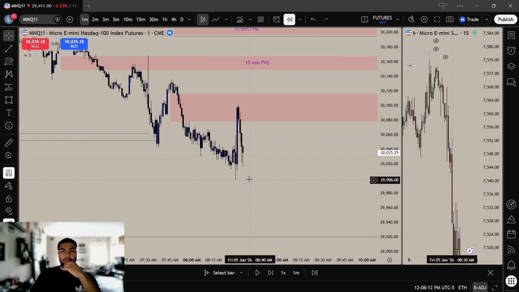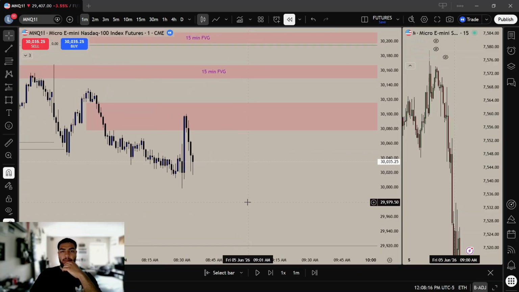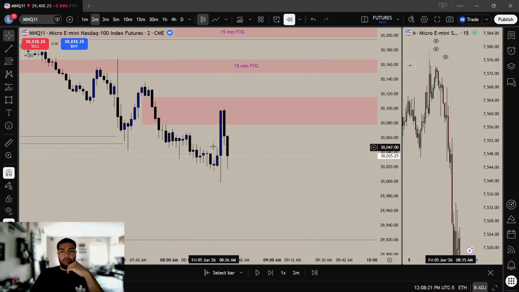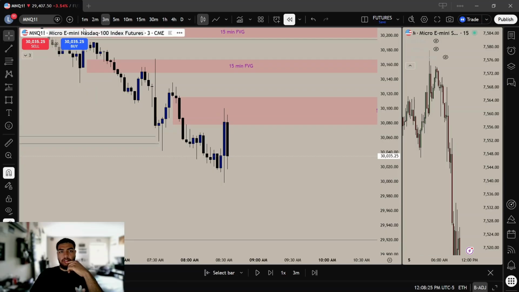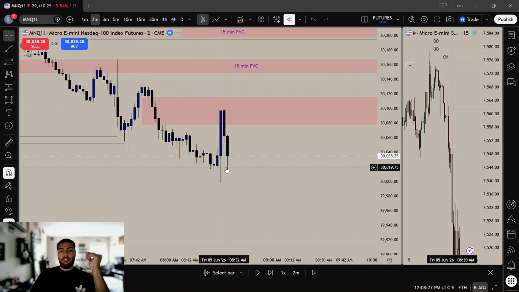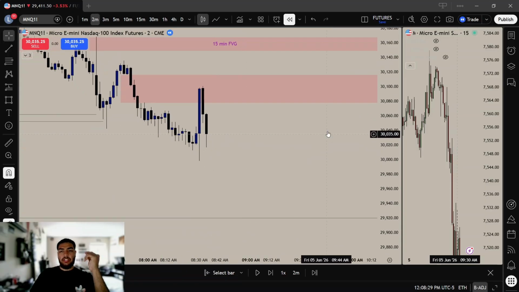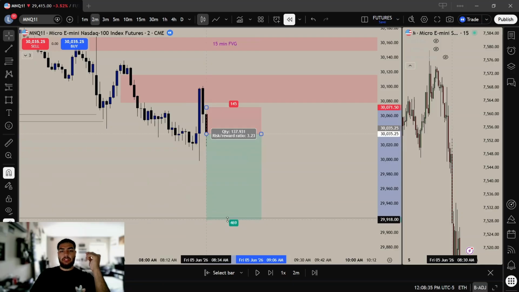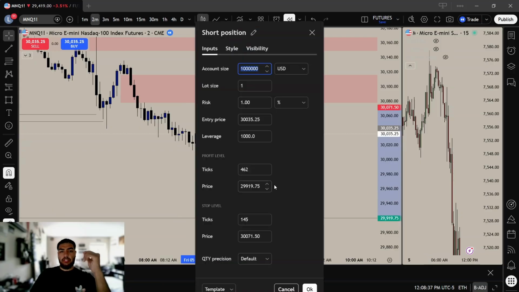So we got this huge 5-minute fair value gap. At 8:30 we create this huge gap right here on the 1 minute. Then we also have the 2-minute gap right here, and I'm guessing no 3-minute gap. Inverse this gap right here, and then we could have taken this short, I guess, if you wanted to take this right here and put this at 462.